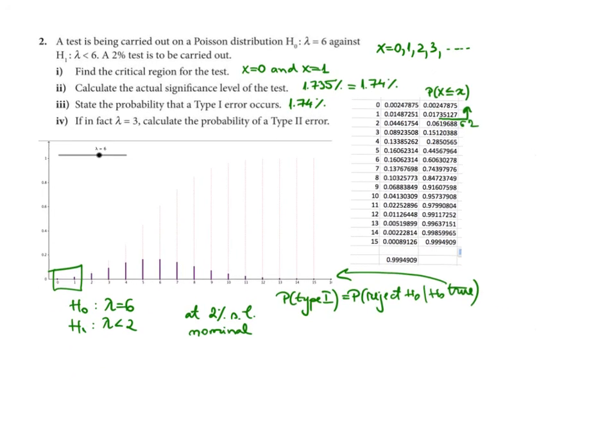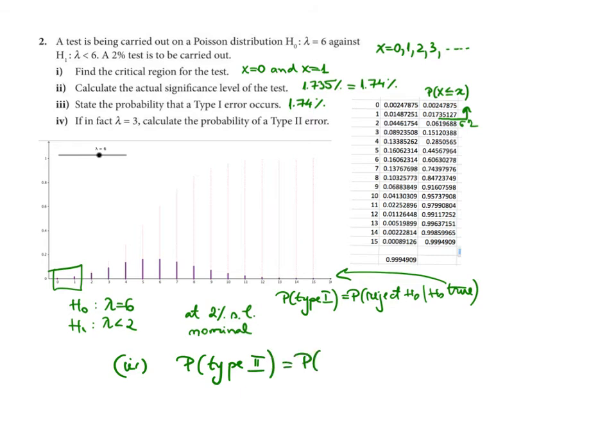And for the last question, given that lambda is 3, I need to find the probability of a type 2 error. The probability of a type 2 error is the probability of accepting H0, given that your distribution is Poisson, not of 6, but of 3. Where do we accept H0?